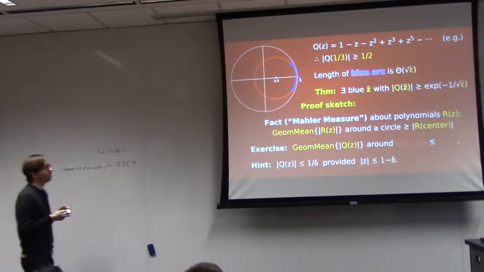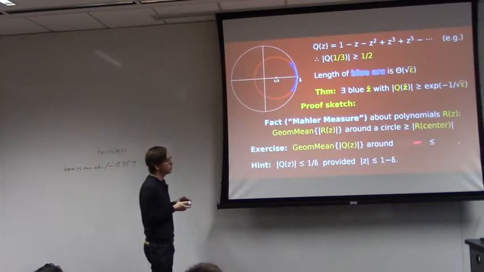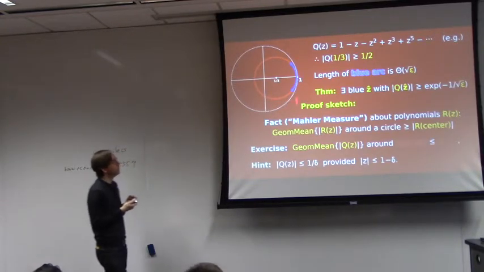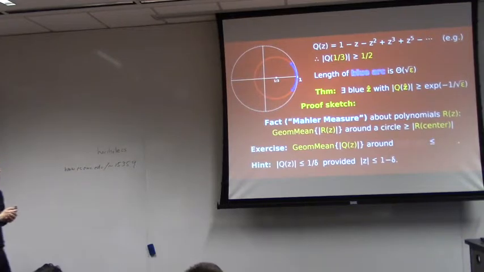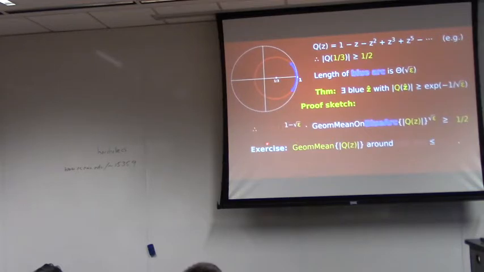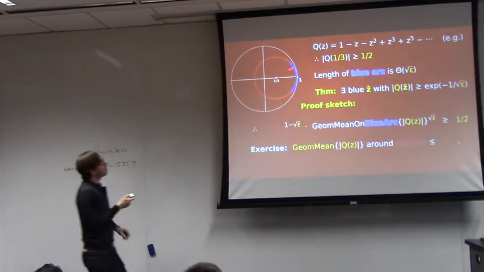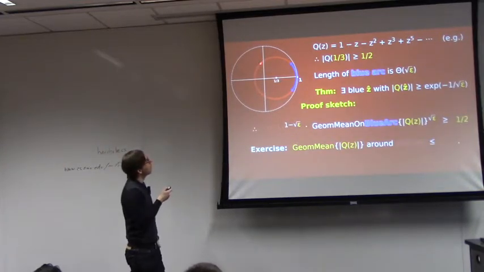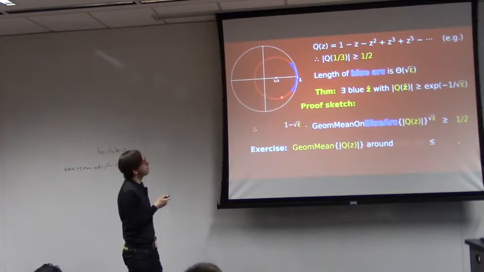So you can do an integral or a little calculation and prove this fact, that the geometric mean of Q around this red C is bounded by a constant. And that's most of the geometric mean of Q around the whole circle. This circle's circumference is some absolute constant. And I told you before that the length of the blue arc is proportional to root epsilon.